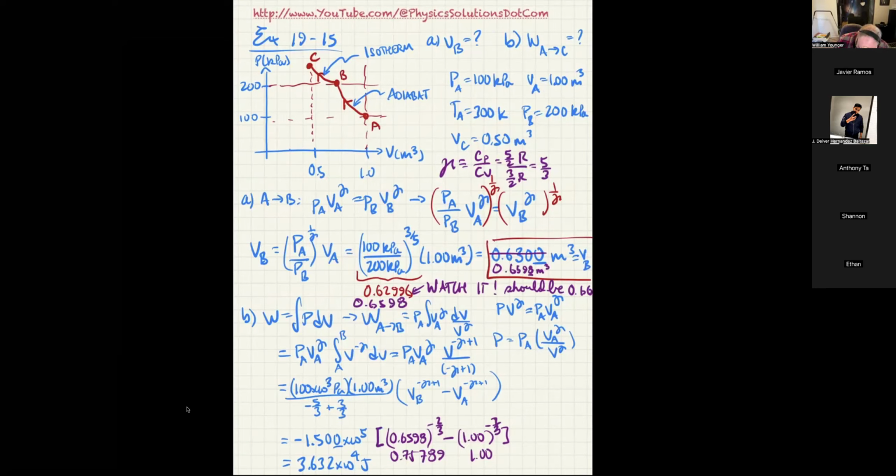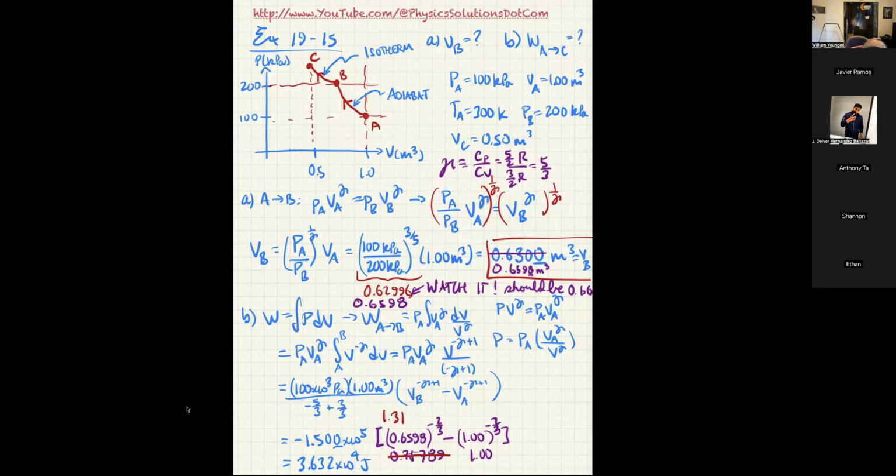I'm disagreeing on this number right here. Did anybody double check my calculation on that? 0.6598, I'm going to raise that to the negative 0.6666666. Ah, there's a problem. So there was a calculation error in here. This is 1.31. I think I left off the negative.